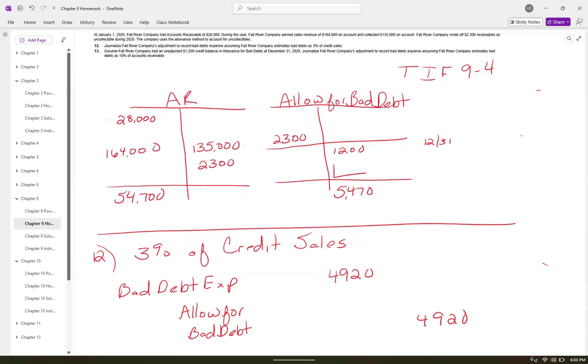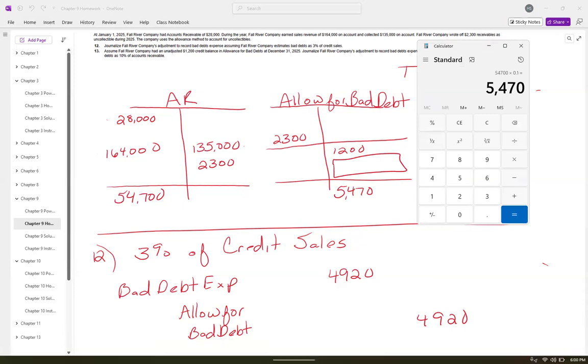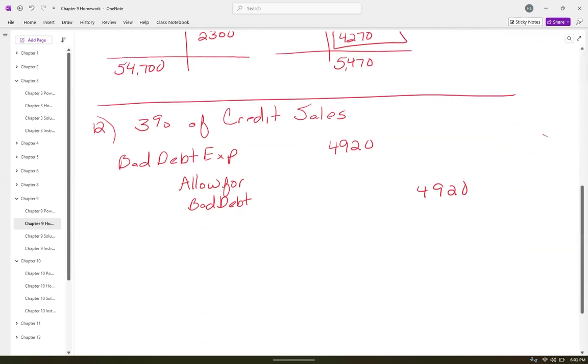All right. So now we have to back into what is our bad debt expense. Well, we already have 1,200 in there. So we're going to subtract the 1,200 and we will get bad debt expense for this period of 4270. The journal entry, the debits and the credit is the exact same account.